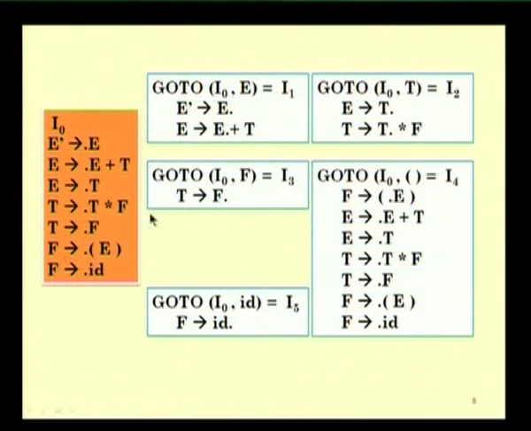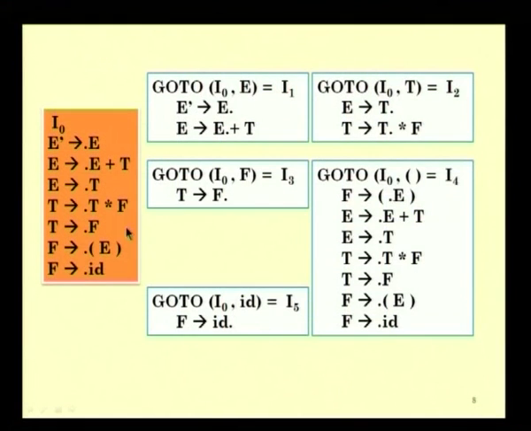Similarly, if you look at the action for F derives ID, here also we have dot followed by a terminal. So F derives dot ID is in I0, from 0 for ID we go to state number I5.